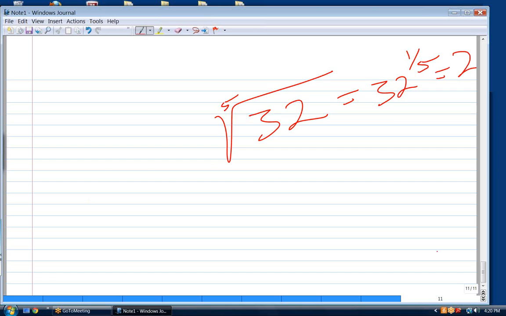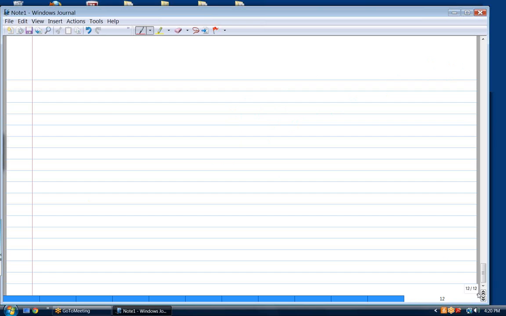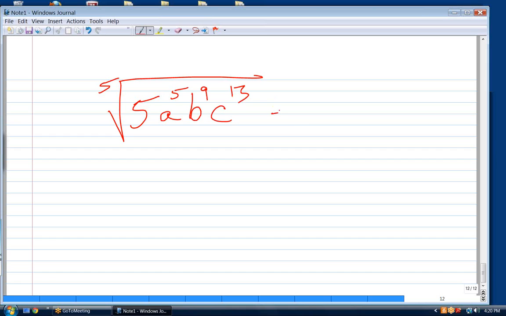How about this problem? Again, I realize this might be a little advanced, but probably not. I'm guessing you will be covering problems like this in the next day or two. So you can have 5 to the 1/5.